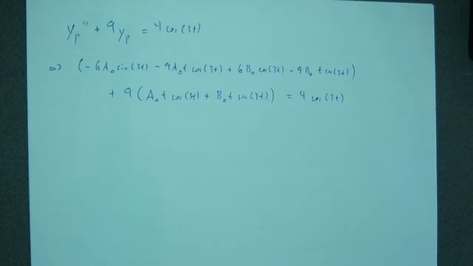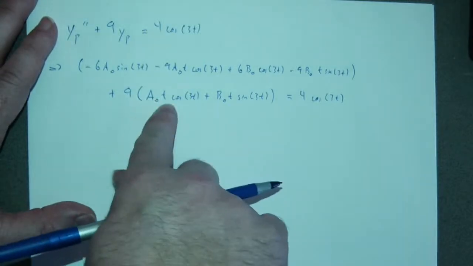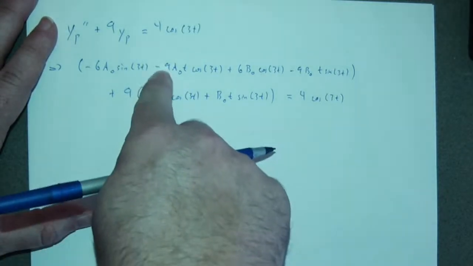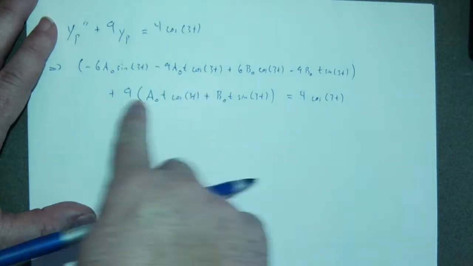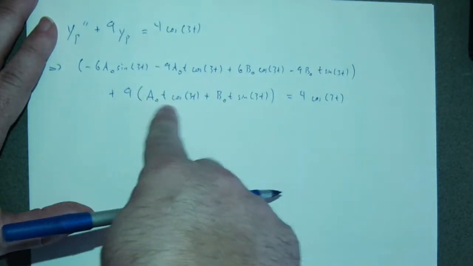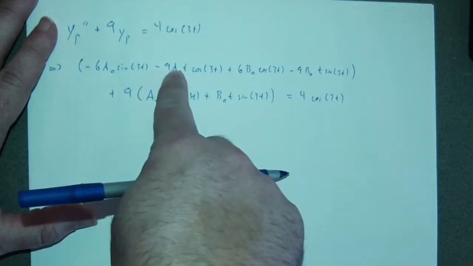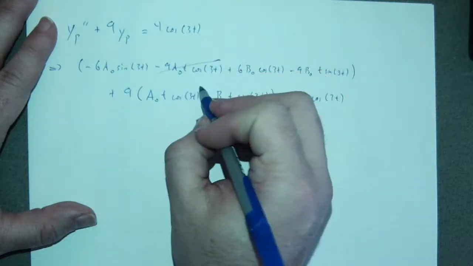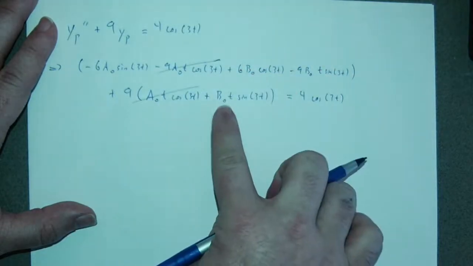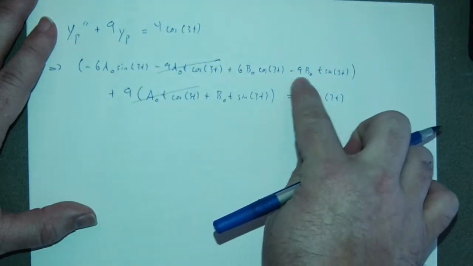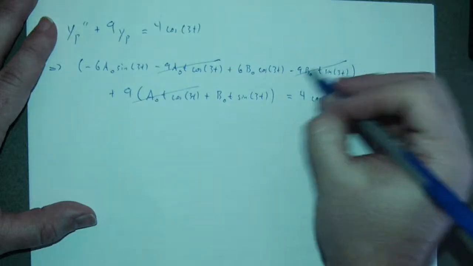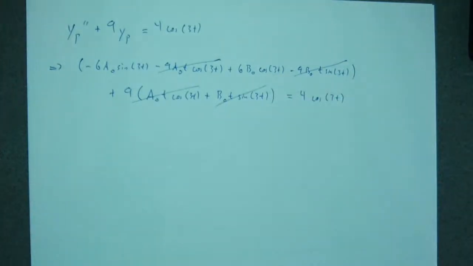Okay, so 9 a naught t cosine 3t is going to cancel with minus 9 a naught t cosine 3t in this term. 9 b naught t sine 3t cancels with minus 9 b naught t sine 3t here. Right.